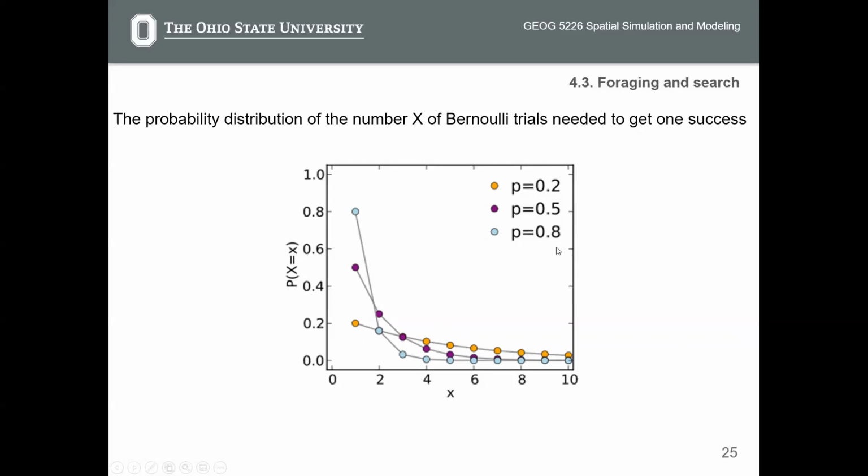And if your probability of getting a success is pretty high, say 0.8, it means that there is a probability of 80% that you will have this first success at the first step.